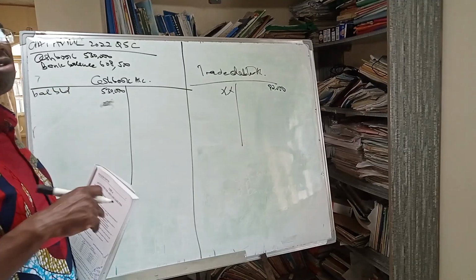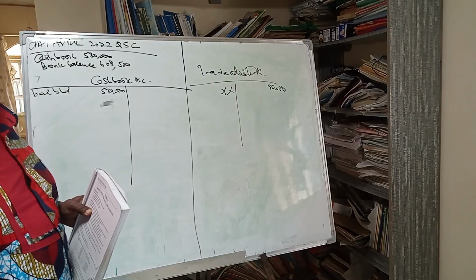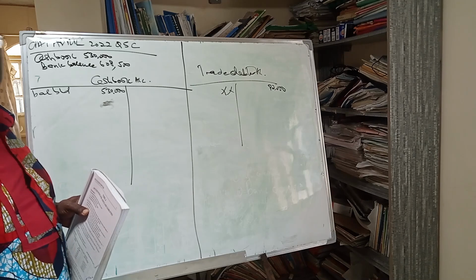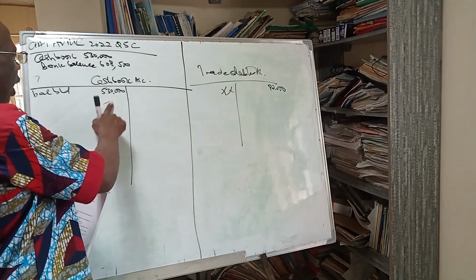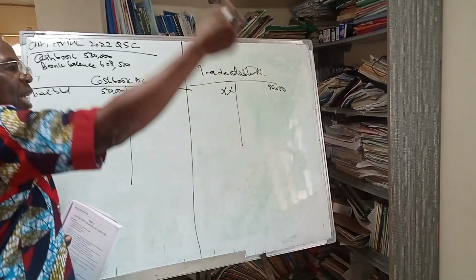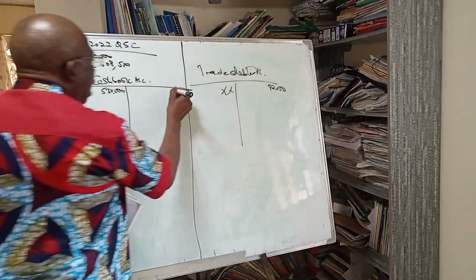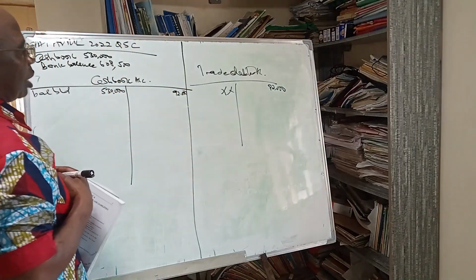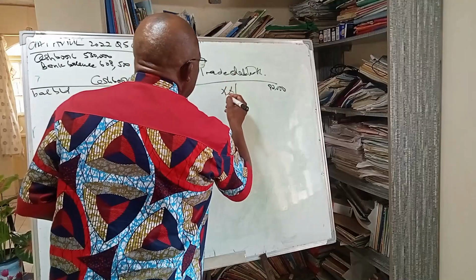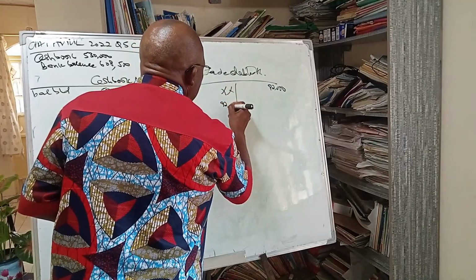Now we are told to reverse it because we never received the money. The check was dishonored, so the person has not paid us. Because we had debited the cash book, we now credit the cash book with 92,000 and debit trade debtors with 92,000.